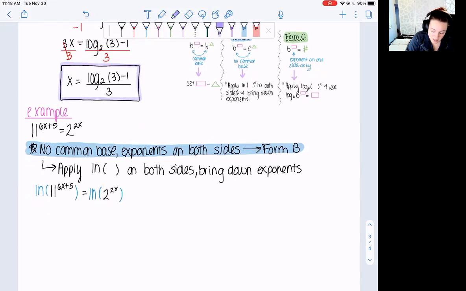So when we've taken the ln of both sides, we're able to take down these exponents because that's what logarithms allow us to do. They allow us to take down exponents. So this exponent comes down in front.